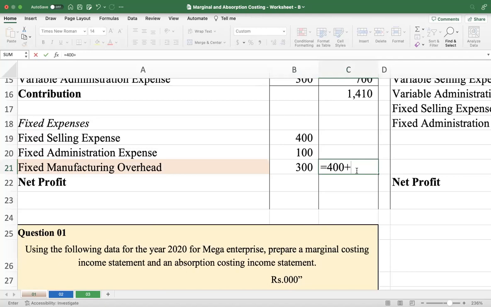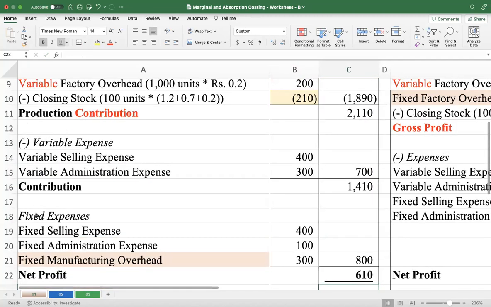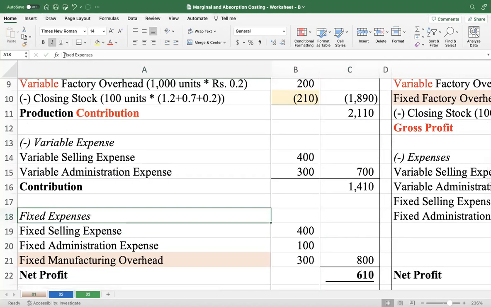Okay, now let's take the summation of these values. 400 plus 100 plus 300 is 800, correct? So did you all get the summation correctly? Now you need to deduct this as well. You need to deduct 800, and now all these expenses we have deducted. Now here also show this as a negative sign.